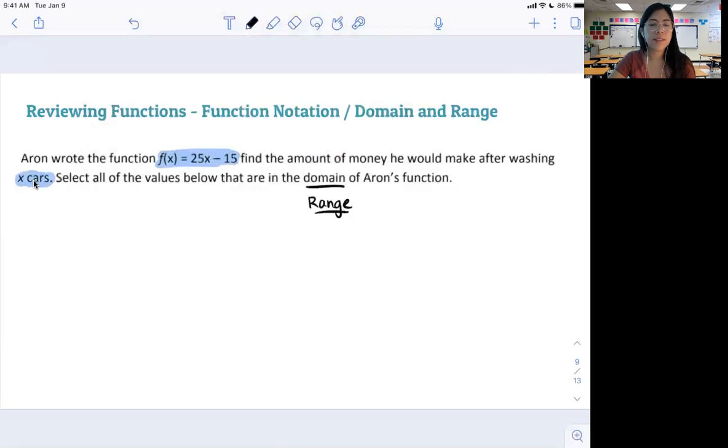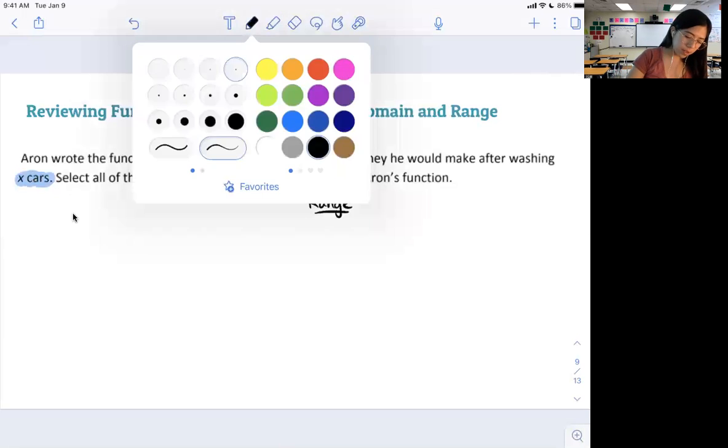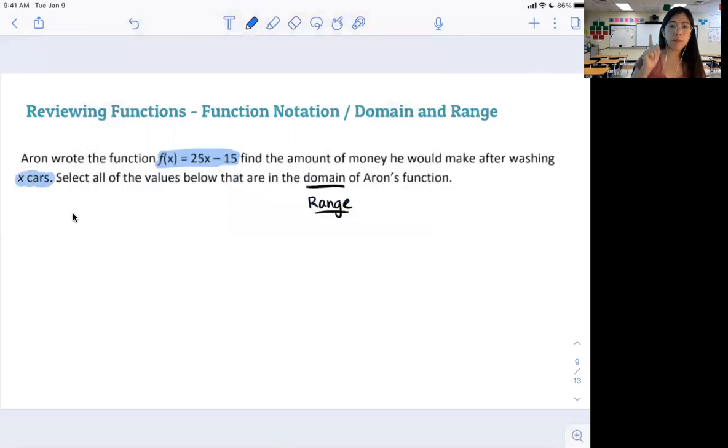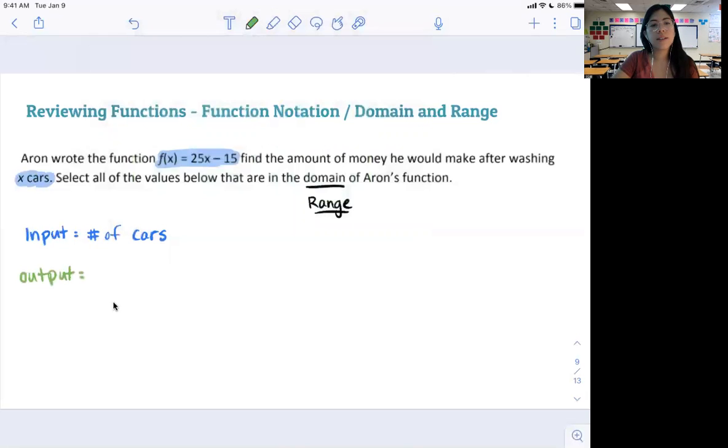Now, is x the input or is x the output? Input, good. So we always want to start off by writing down what the input and the output represent. Input would be the number of cars. And now output, they don't necessarily say it as obviously, but read it again.